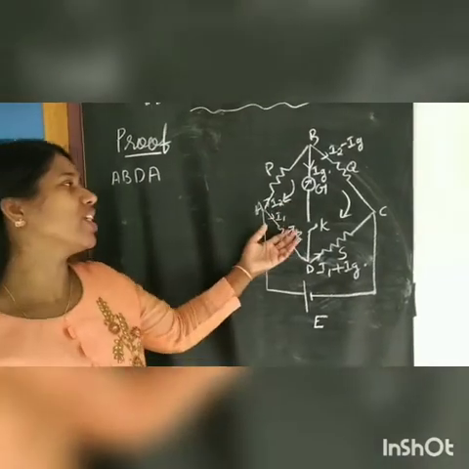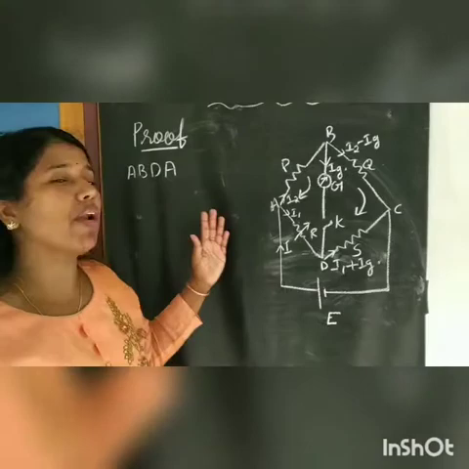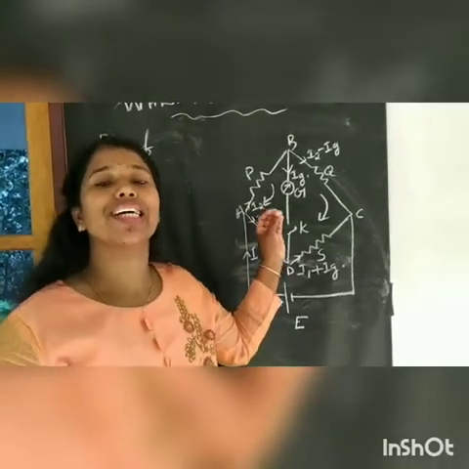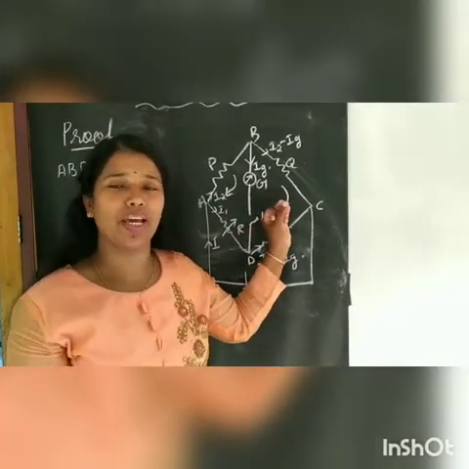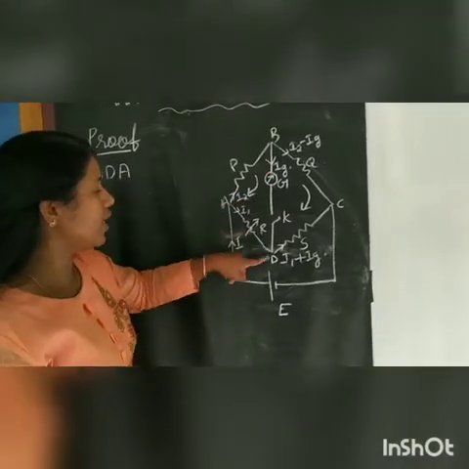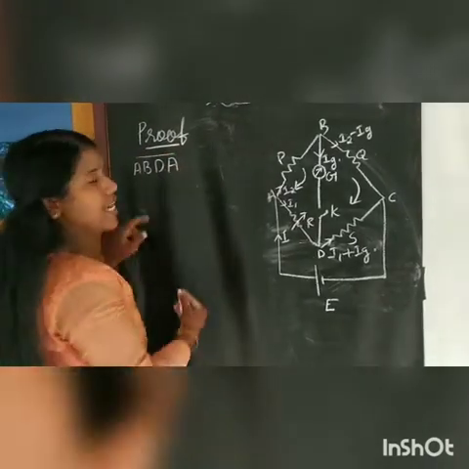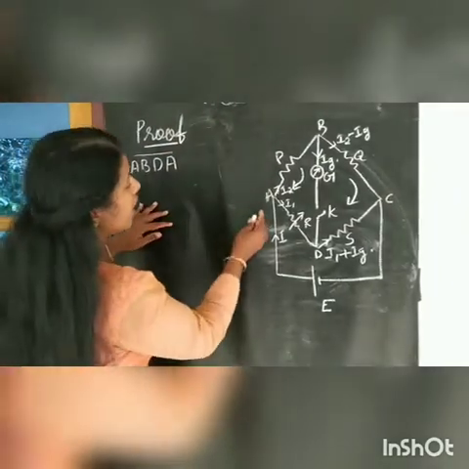The key is closed and current is passing through this circuit. First we apply Kirchhoff's loop law to the closed loop A, B, D, A. Then we can write this equation.